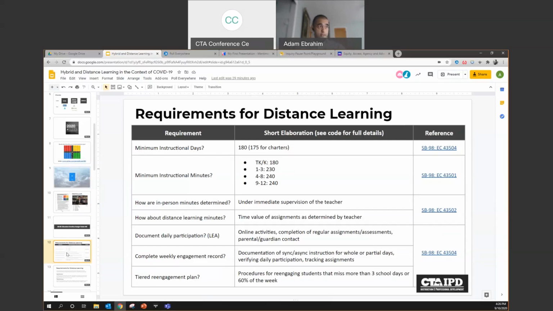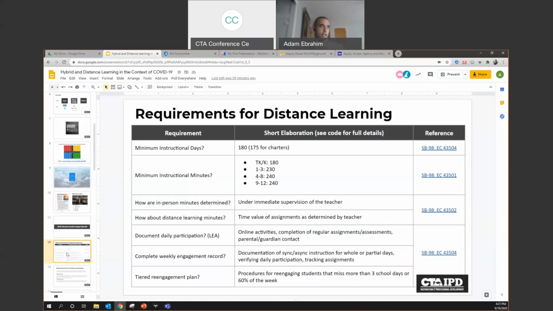In terms of distance learning, who gets to decide how much time an assignment is worth? Well, that's you. That's the credentialed teacher. You are the one that is responsible for saying, this is how much time this takes, and this is how much time I spent with students. And we'll talk a little bit about that. I'll show you how that could look in terms of lesson planning with asynchronous and synchronous instruction in mind.